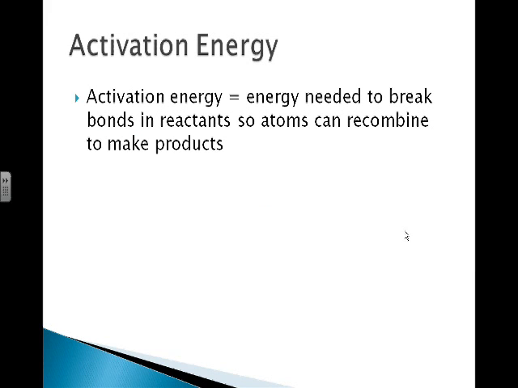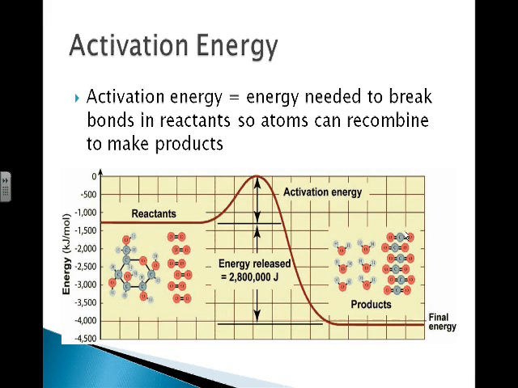Activation energy simply is the term that's given to that energy which is needed to break the bonds in the reactants so the atoms can recombine to make the products. And here we've got a great little diagram that shows you. If reactants are at this energy level, we can see that the products, for this particular reaction, are going to be at a lower energy level.